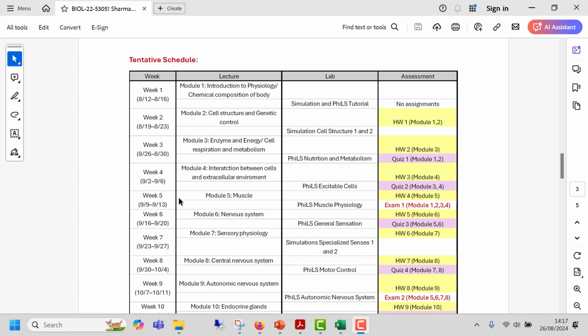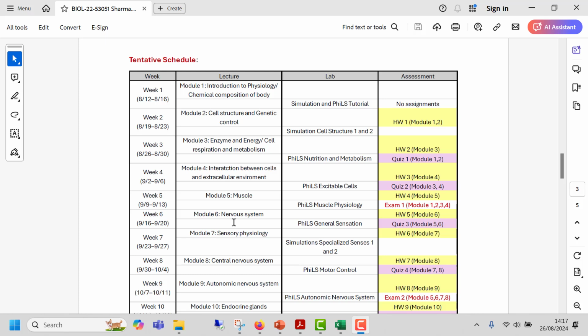Because you see in week 5 you have an exam, so through quiz 1 and 2 we'll be able to revise or create a foundation of all these 4 modules, which will be tested on exam 1 in week 5.